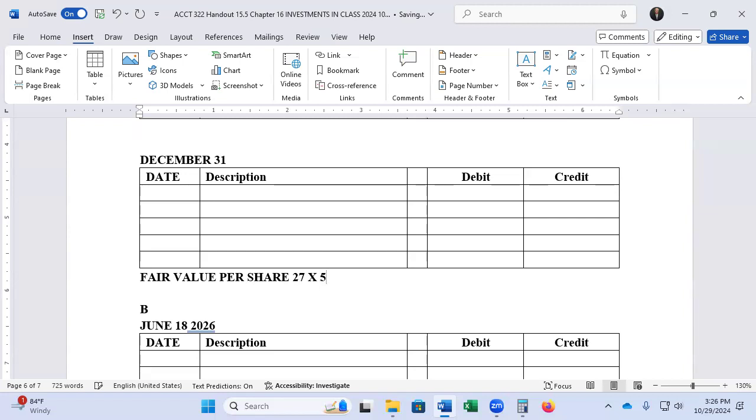And we're going to multiply that by the shares, times the percentage ownership. And that's going to give us 3,375,000 on December 31st, 2026.